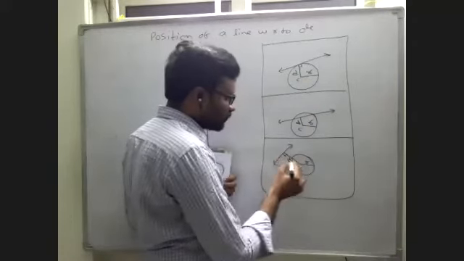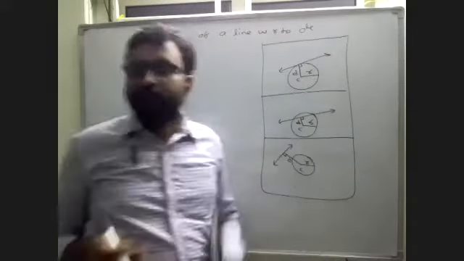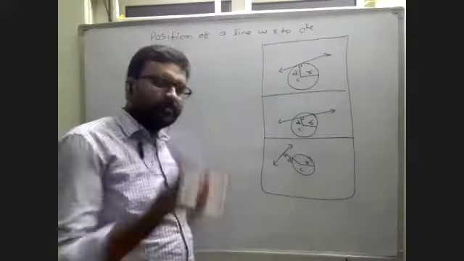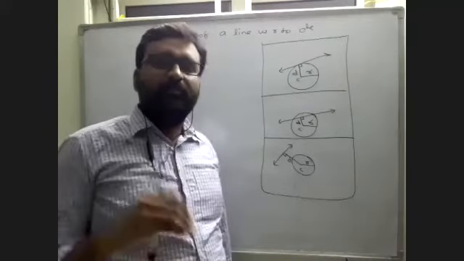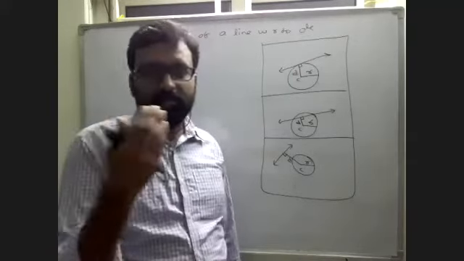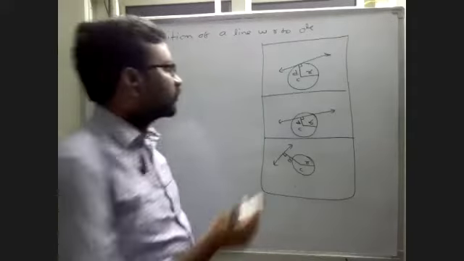Now we can say the line is outside the circle, on the circle, or inside the circle: away from the circle, touching the circle, or intersecting the circle at two distinct points.